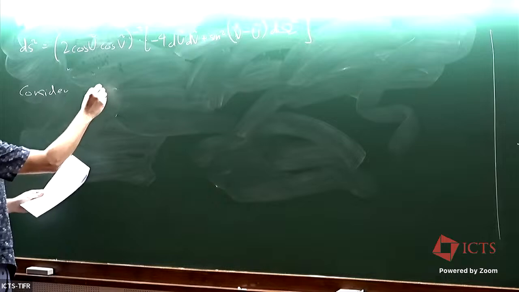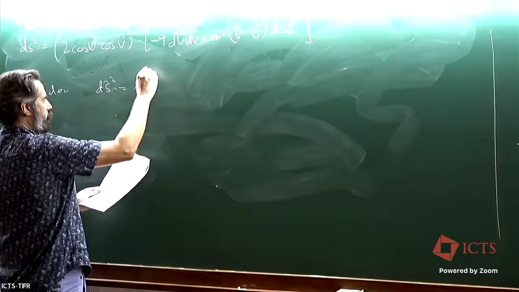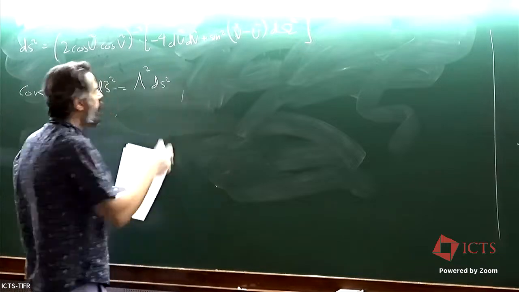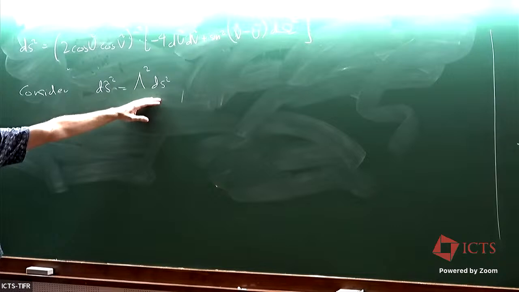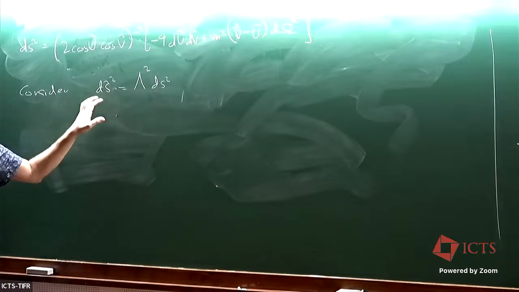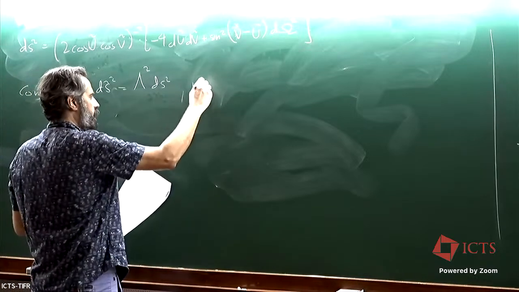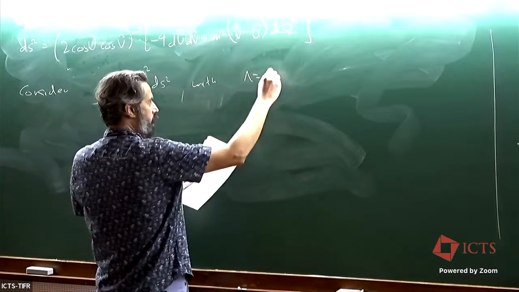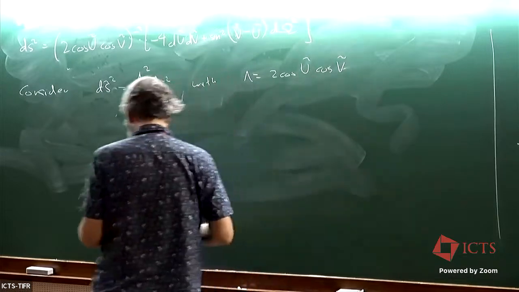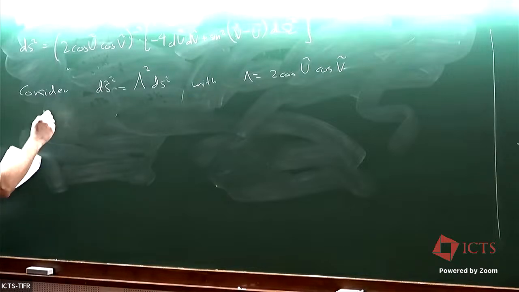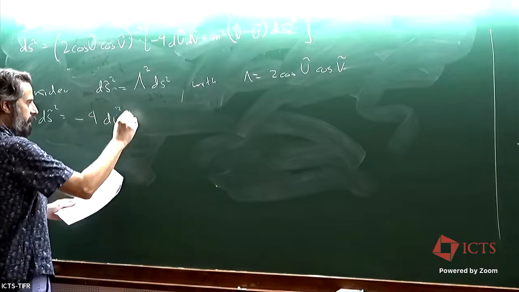Consider ds twiddle squared, which is some suitable factor times ds squared. Obviously these two spacetimes will have the same conformal structure: if ds is 0, then ds twiddle will be 0, and vice versa. So what I'm going to choose here is that if I choose lambda to be this, then my ds twiddle is just that bit.